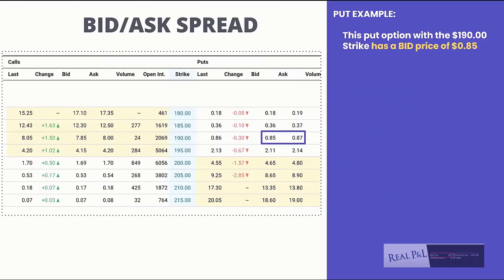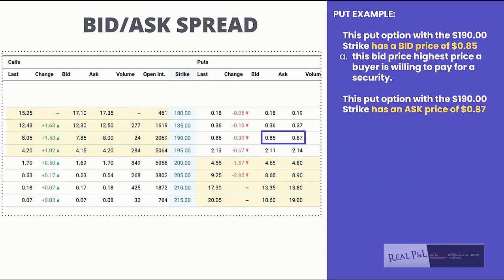So here's a put example. This put option with the 190 strike has a bid price of 85 cents. This bid price is the highest price a buyer is willing to pay for a security. The put option with the $190 strike has an ask price of 87 cents. The ask price is the lowest price a seller is willing to accept.